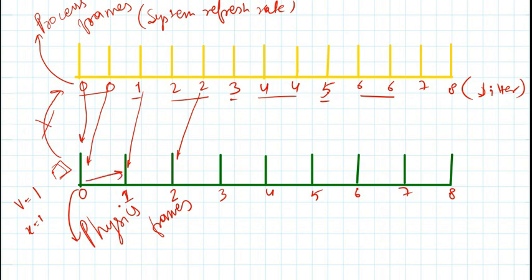We keep it constant to give an ideal physics simulation to the user, the gamer who is playing the game. This delta, the time between the two physics frames, is constant, but the delta between the two process frames depends on the speed of the monitor and other stuff also. So this is not constant.